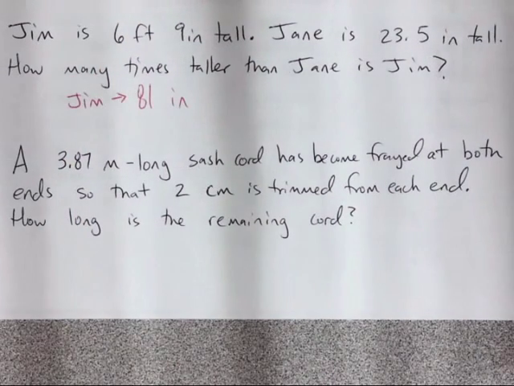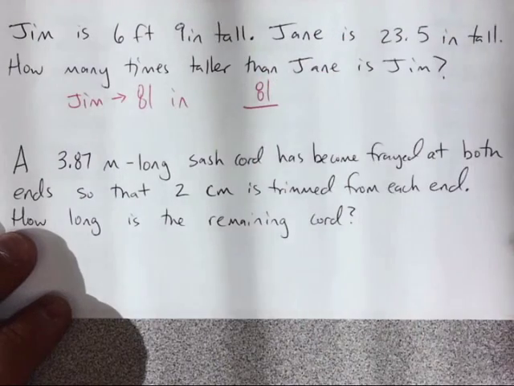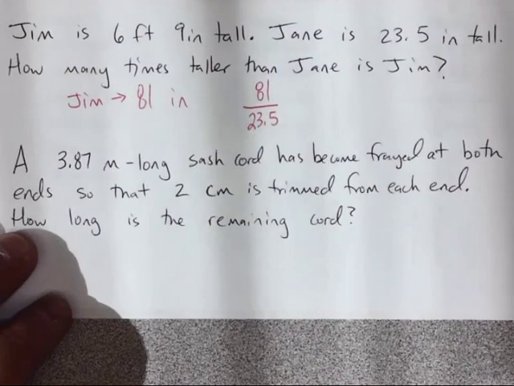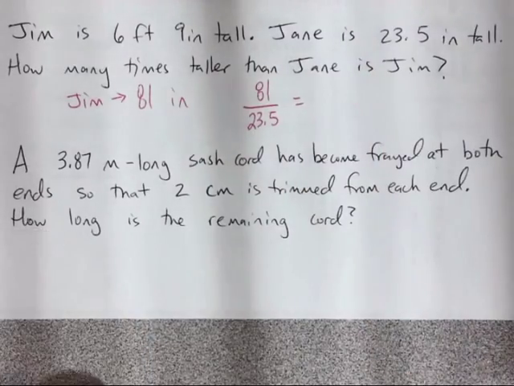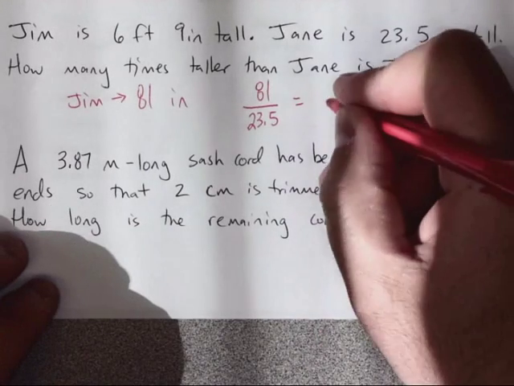Okay, so to find out how many times taller than Jane is Jim, well, that's a division problem, right? I'm literally going to take Jim's height in inches, divide it by Jane's height in inches, and then that will tell me how many times taller.